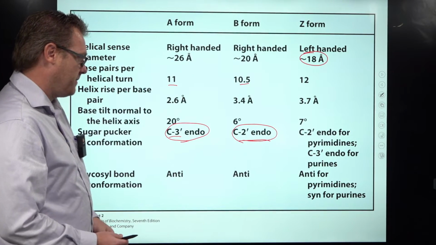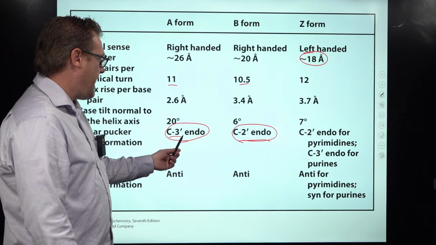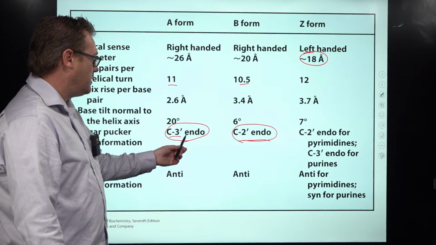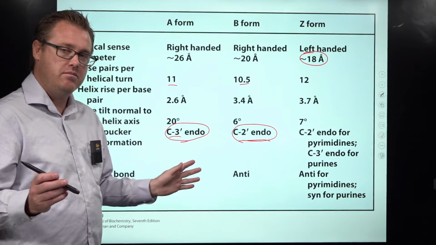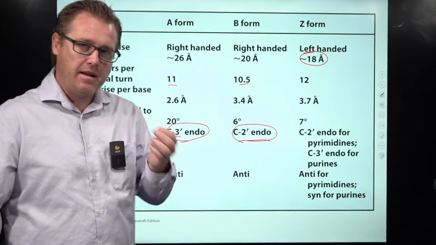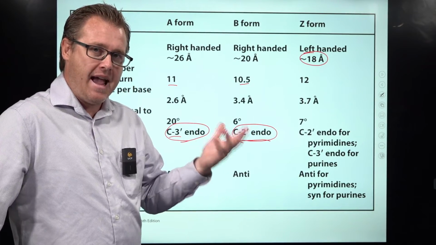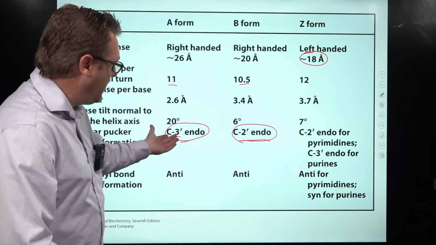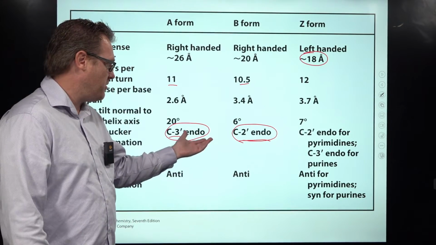You notice that none of those are exo. Isn't that kind of weird? Like collagen, we wanted the proline exo, but in DNA, we want the ribose sugars to be endo.